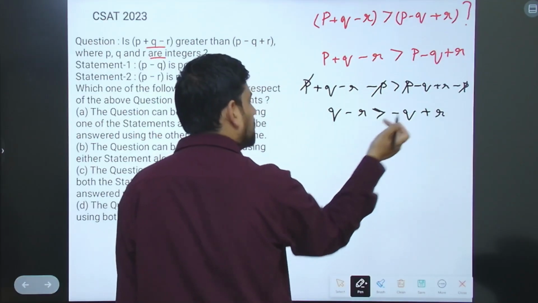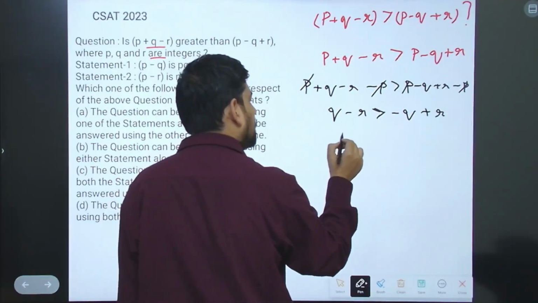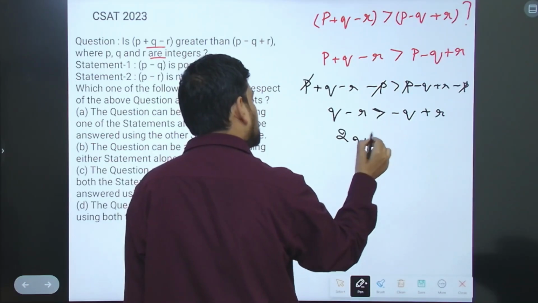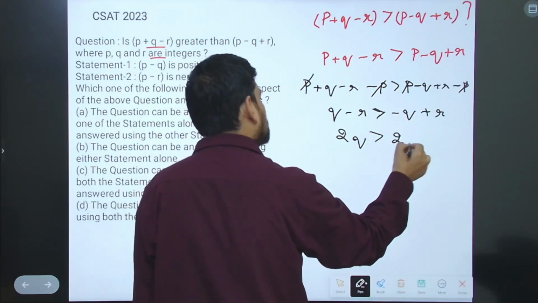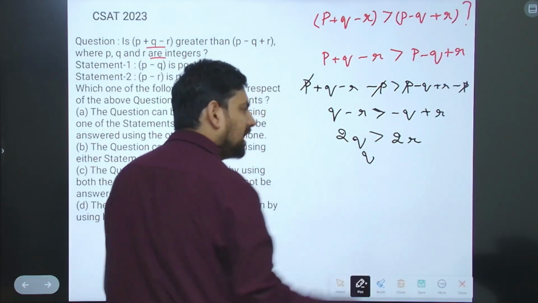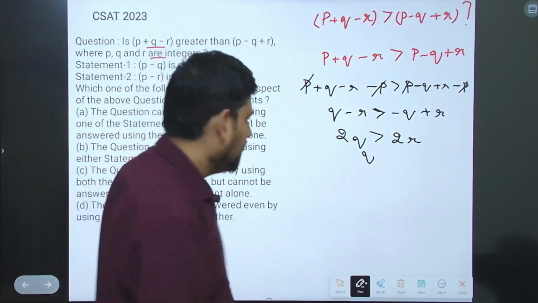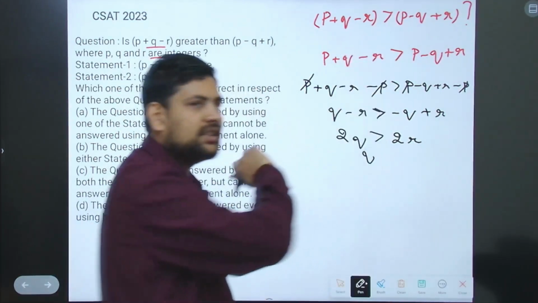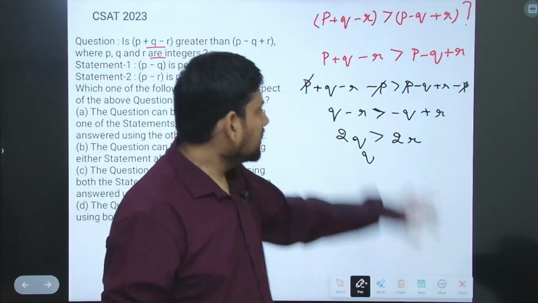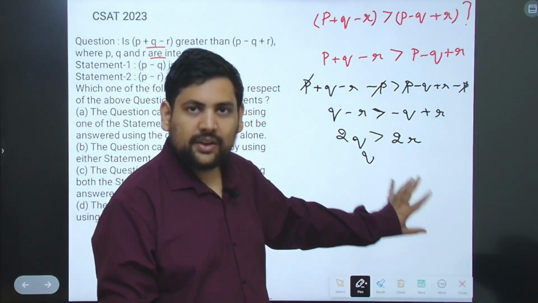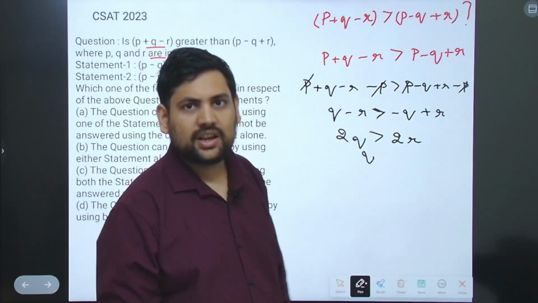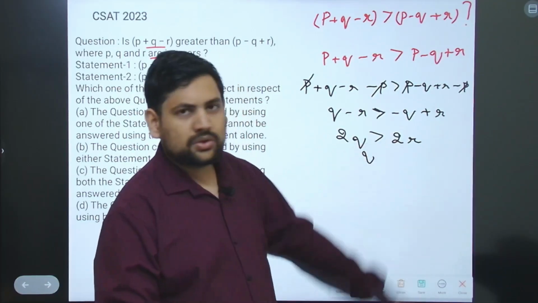Now I send Q here. So this becomes 2Q, and I send R there. So this becomes 2R. And the 2 and 2 again I can cancel out. Correct? This is just working like an equal sign. Consider it equal and solve. But remember that this is a greater than sign. So if it was 2Q equals 2R, what would you do?